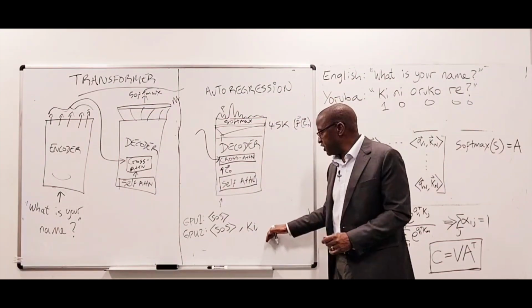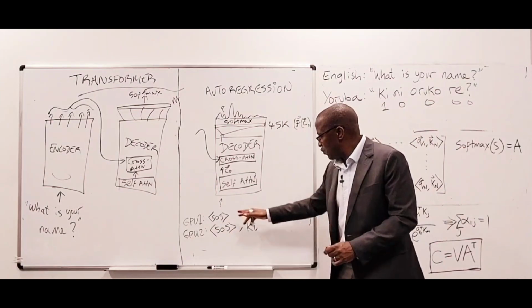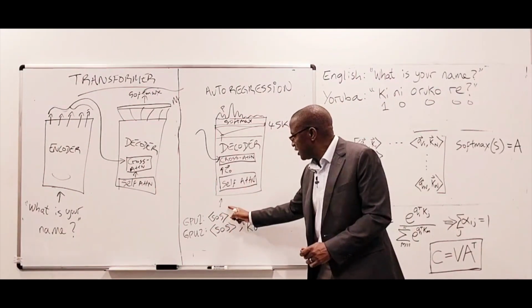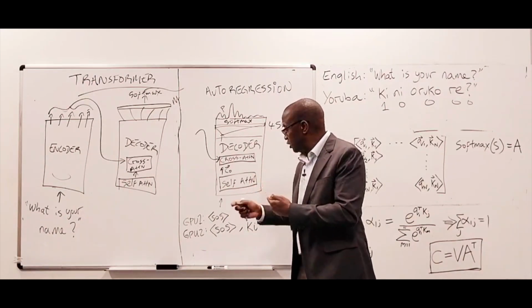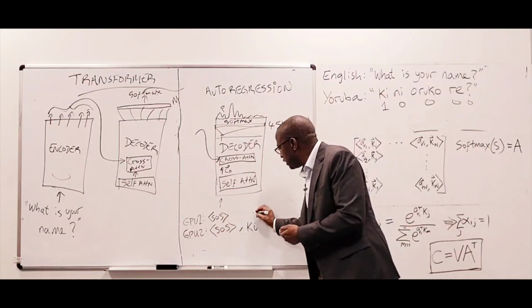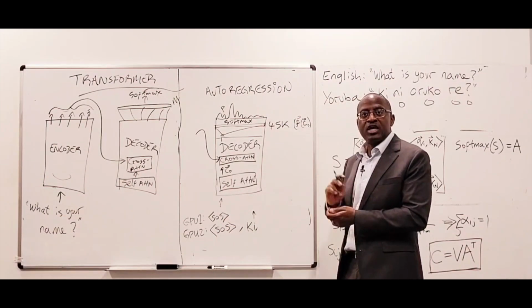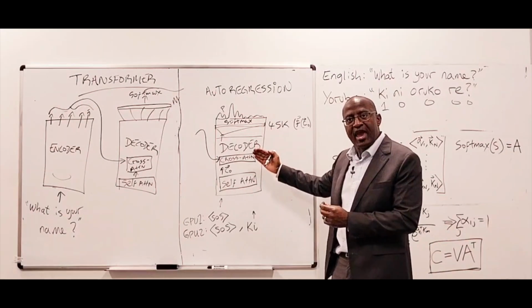Everything else would be masked. In the first GPU, the subject that was generating the query for the self-attention layer was the SOS token. For the second GPU, the subject that's generating the query is the first word in the Yoruba translation, which is ki. The same thing then happens.